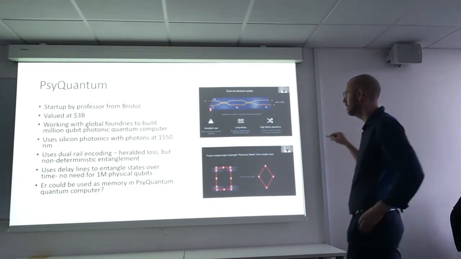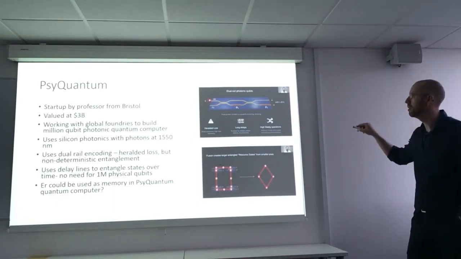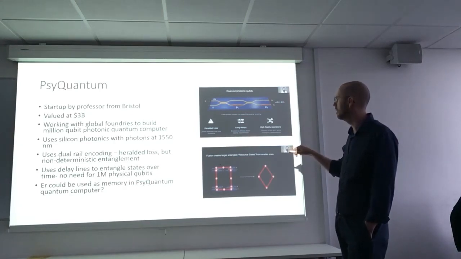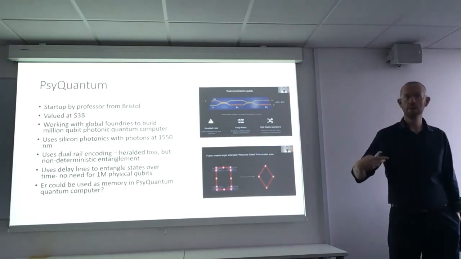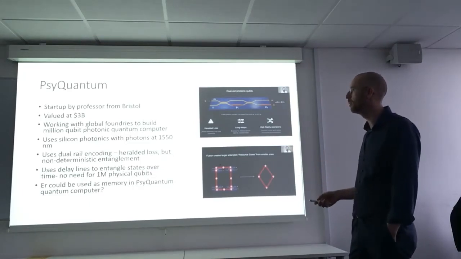Don't worry about the details of this, I'm still trying to figure it out, but it means that if you've got a qubit represented by a photon either down one rail or another rail, then you can have what's called heralded loss, so you can know when you've lost a photon, which is incredibly useful.